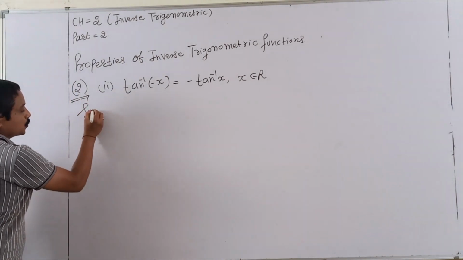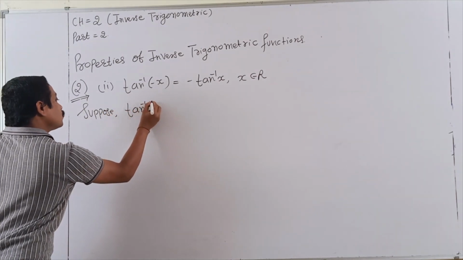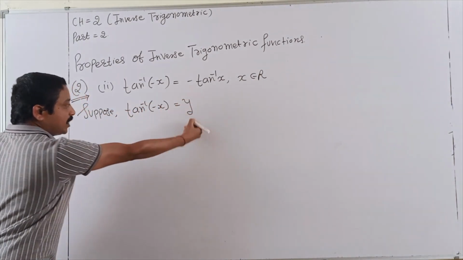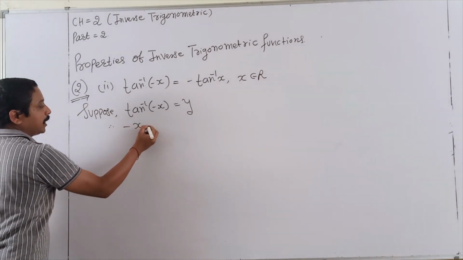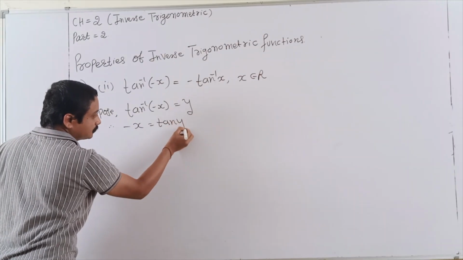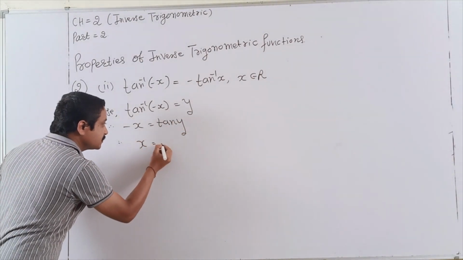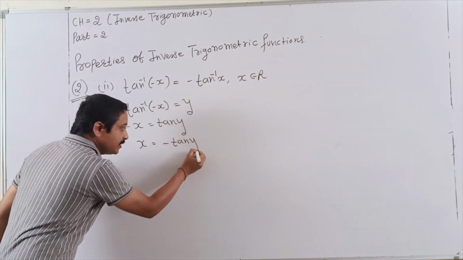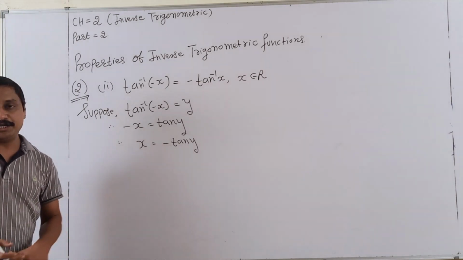Suppose tan inverse of minus x is equal to y. It means minus x is equal to tan y. Now what is the x? Yes, it is minus tan y. x is equal to minus tan y.